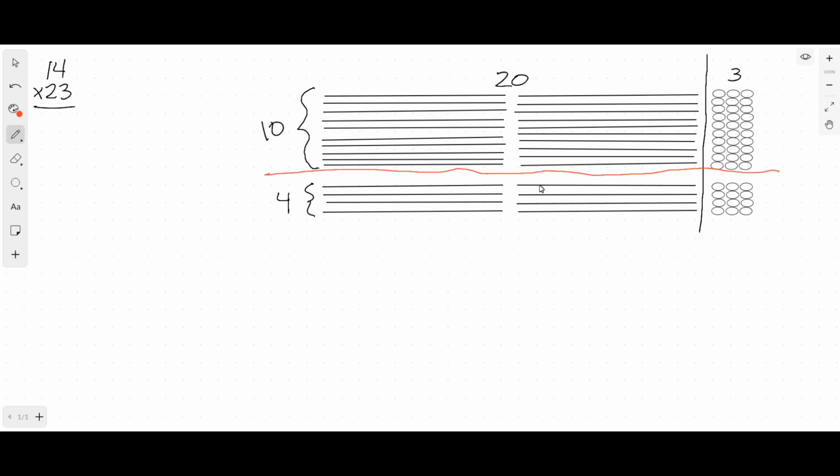So I've got 10 and 20, that's 200 right here. 20 and 4, that is, oh no, that's not 40. That's 80 here. 3 and 10 is 30, and then 3 and 4 is 12. So this adds up to 200 plus 80 plus 30 plus 12.